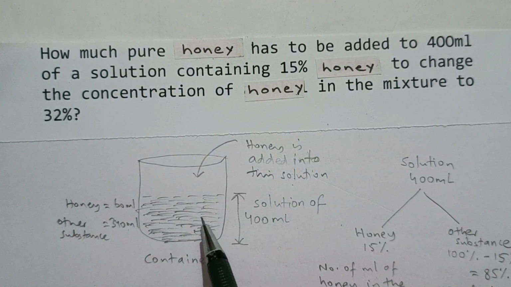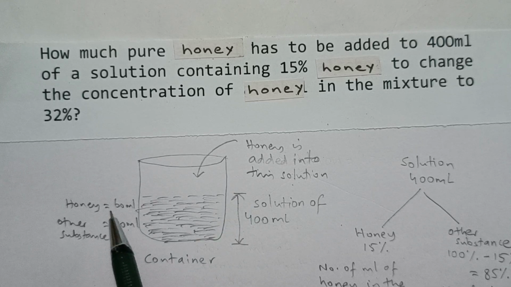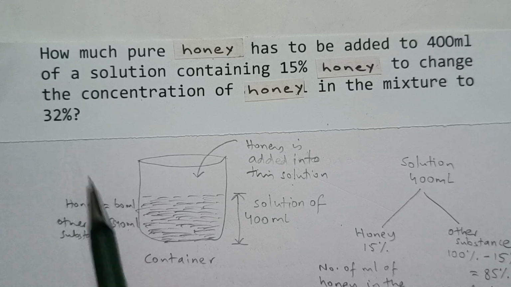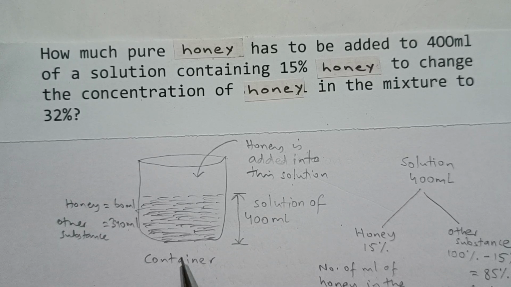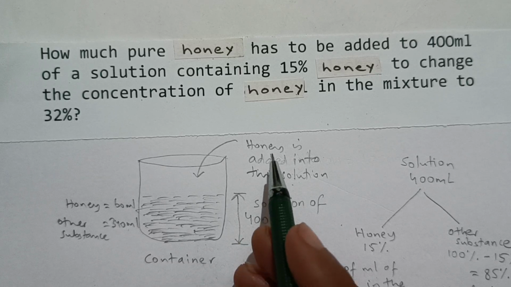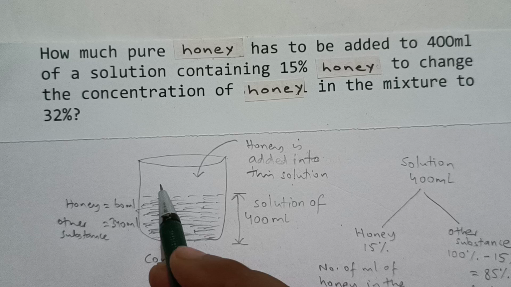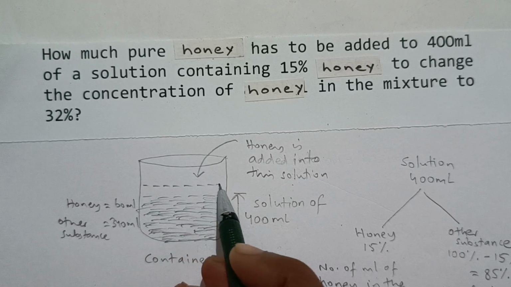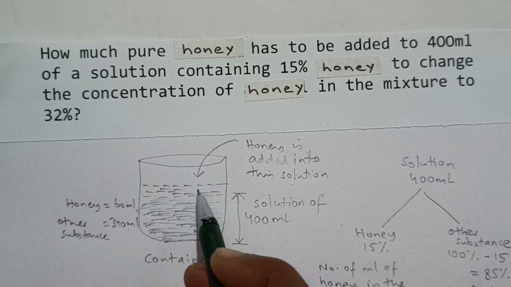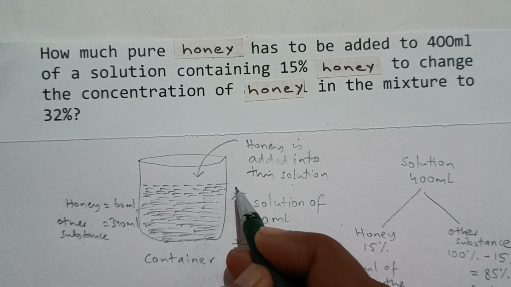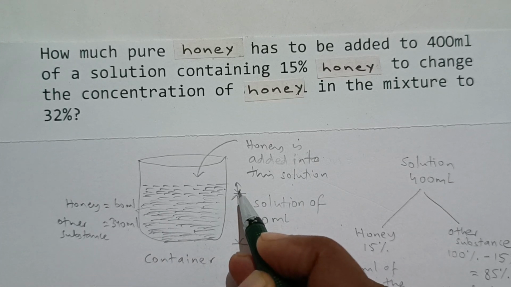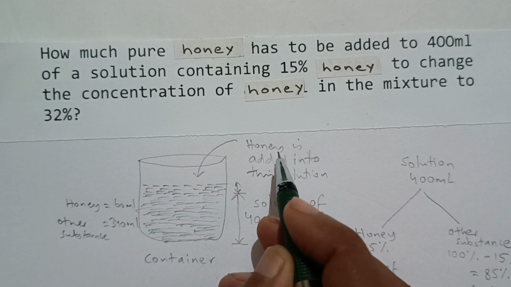After adding honey into this solution, the honey content should become 32%. So how much honey is added? Obviously this is 400 milliliters of solution. When honey is added, the solution will increase from 400 milliliters by this much amount, and this is exactly the amount of honey being added.